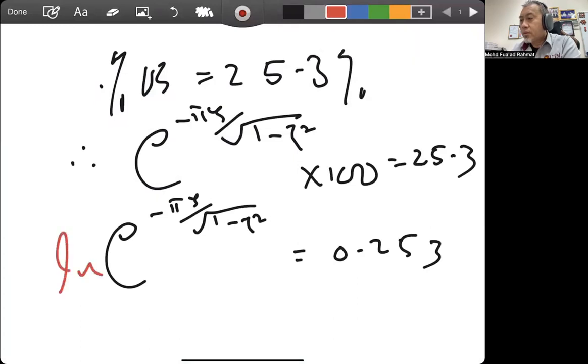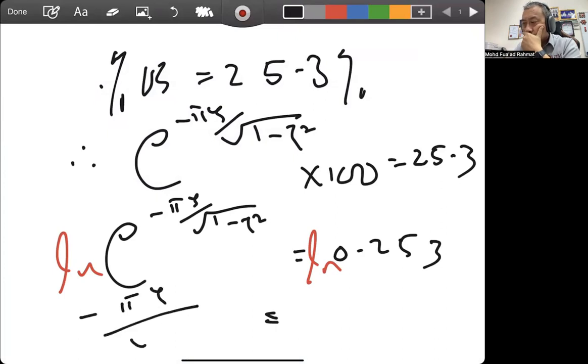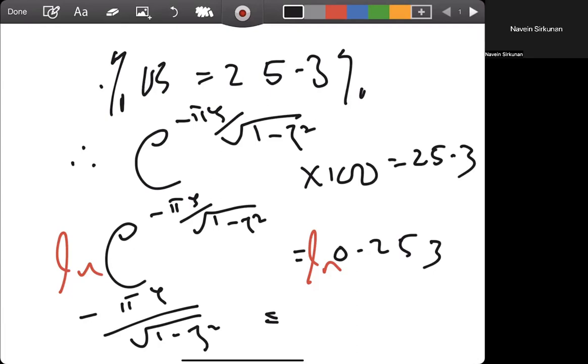Can you help me? What is the ln for 0.253? Nevin, can you help me? Ln 0.253. Negative 1.374.